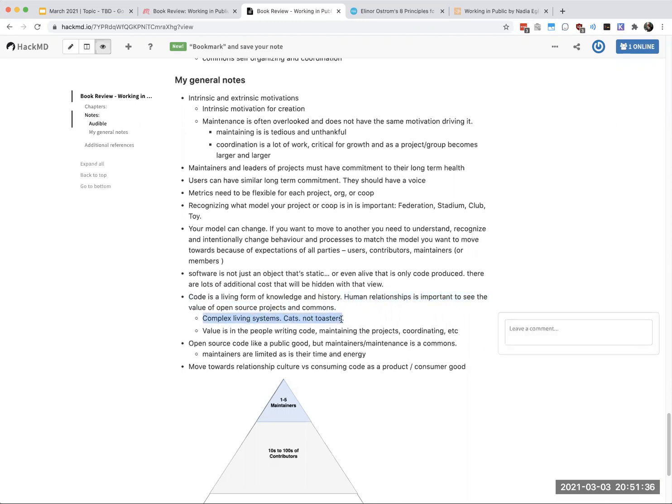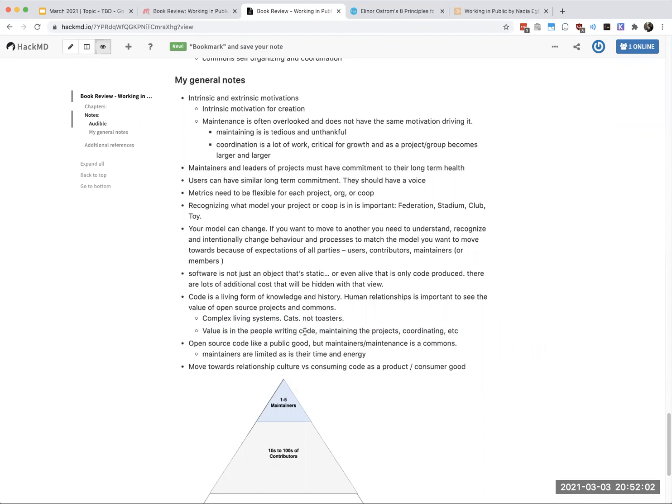And there were these comments about cats and toasters. Open source projects are complex living systems, just like a cat. They're not like a toaster where you just break it apart and it's done. And I'd say cooperatives are a similar thing. The value is in the people writing the code and maintaining it. So the people side is where the value is.